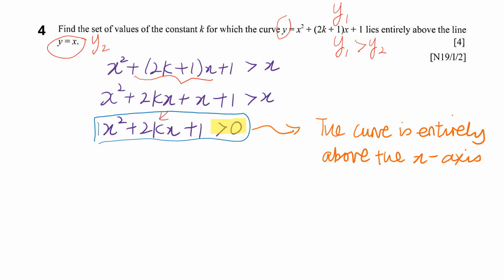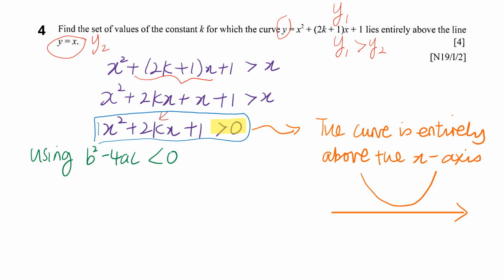So what kind of roots do you think this curve will have? Yes, this curve will have no real roots. So if this curve has no real roots, then what do we use? Yes, we use b squared minus 4ac less than 0.